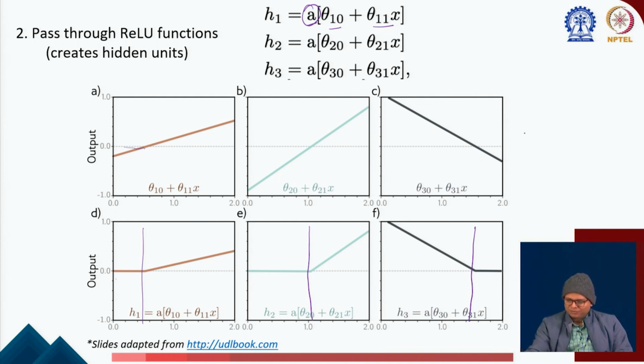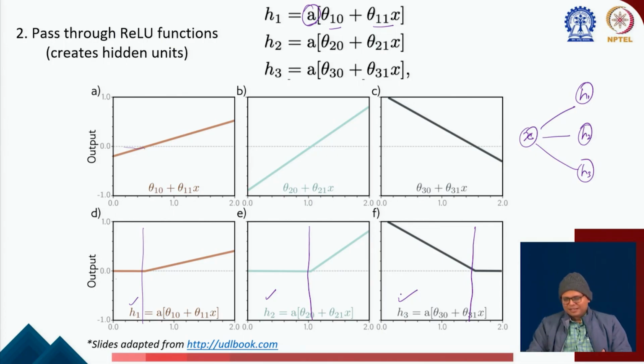So you are going from x and you have reached H1, H2, H3. That is what we have done till now. Now, what next? I have to combine H1, H2, H3 to get Y. So phi 1 H1, phi 2 H2, phi 3 H3 plus phi naught.